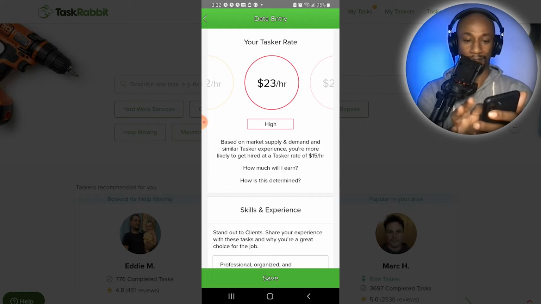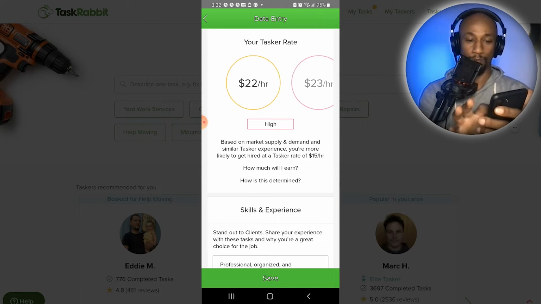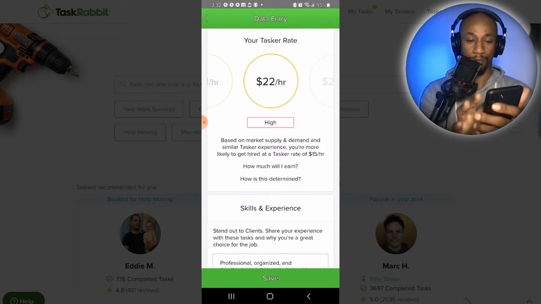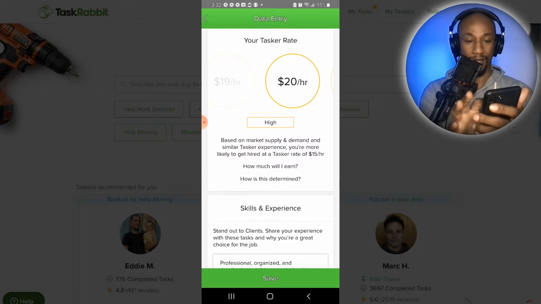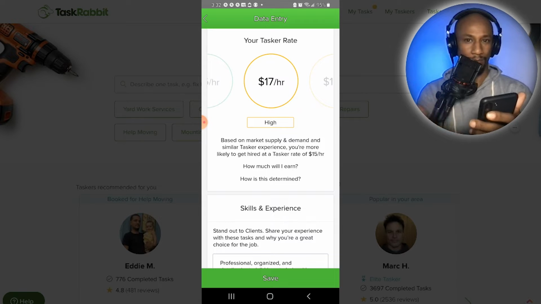So if I didn't do anything else and just came to the app and set up my account, TaskRabbit is telling you anything $23 and above is way too high, and you're definitely not going to get booked at that rate. At $22 down to about 17, it's still high, but you have better chances than being in the red.